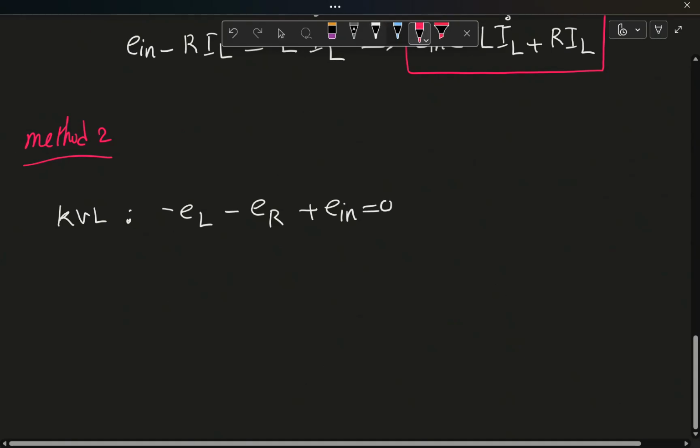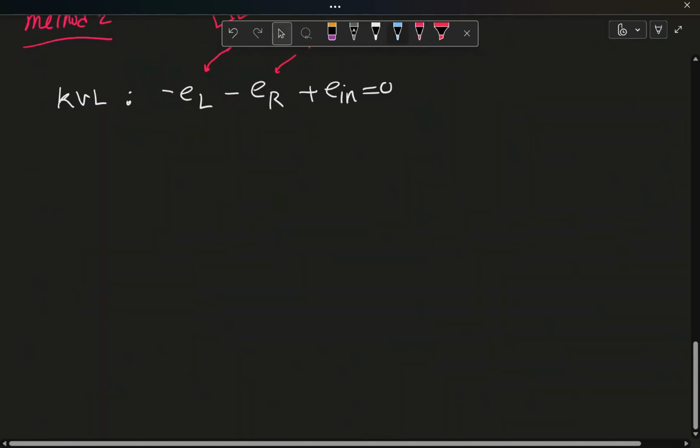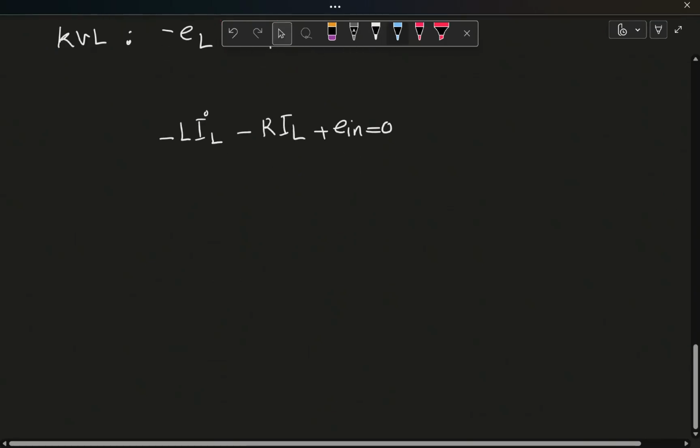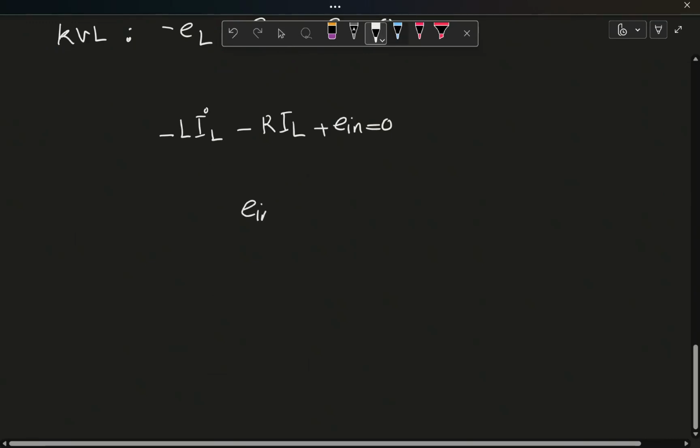Now, instead of EL, you can have L I dot L. Instead of ER, you can have R IL. So if you substitute these terms, you will have negative L I dot L, negative R IL, plus EN equal to 0. Keep the input on one side, bring all the other terms to the other side. You will have EN equals L I dot L plus R IL. And this is exactly the same equation that we had before.